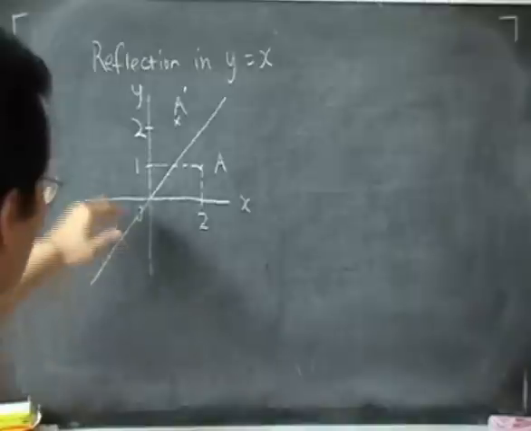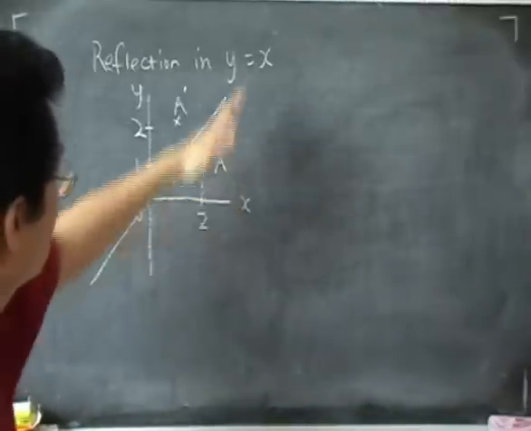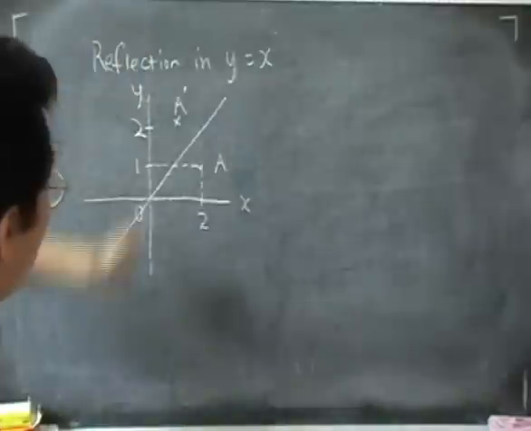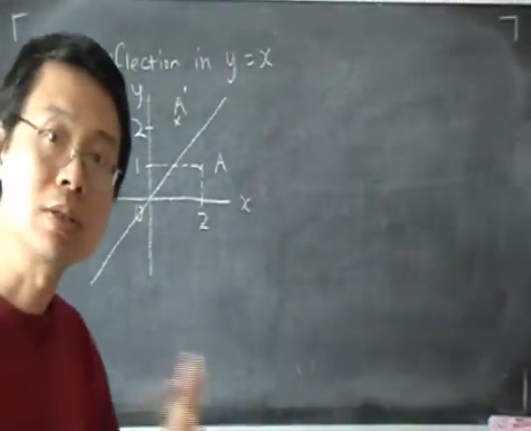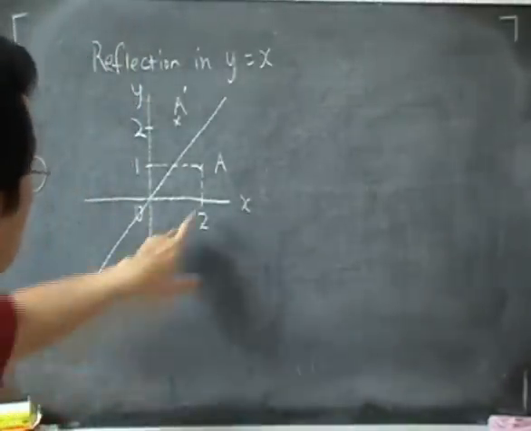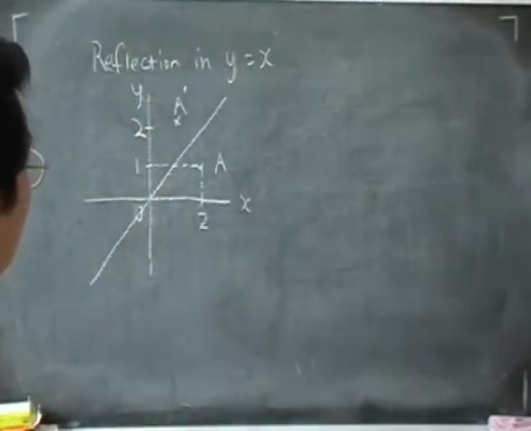Simply because if I reflect the x-axis along this line, I should get the y-axis. It's because it's symmetrical. So the 2 there would go to there.